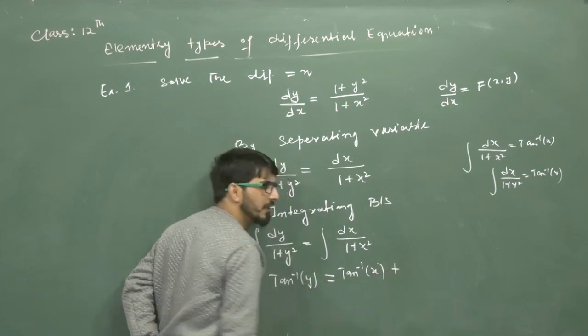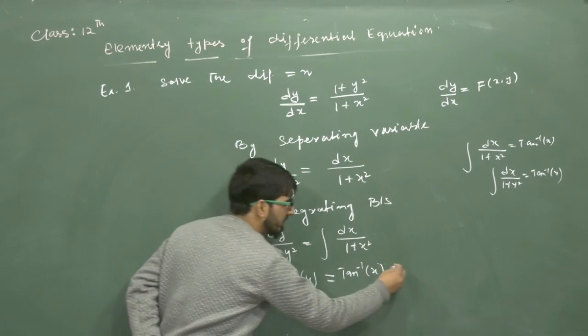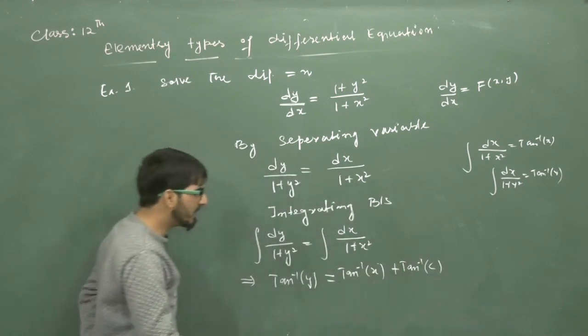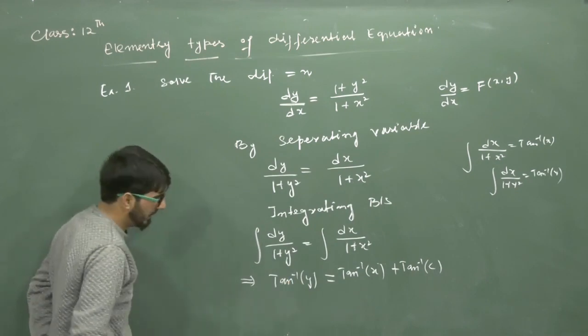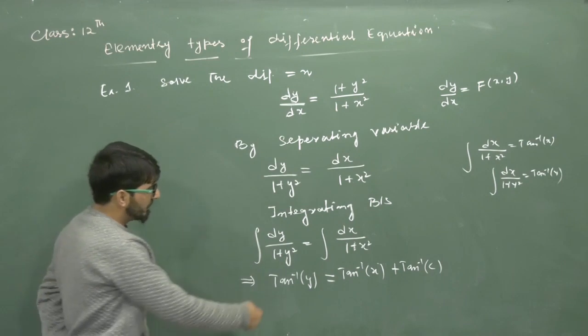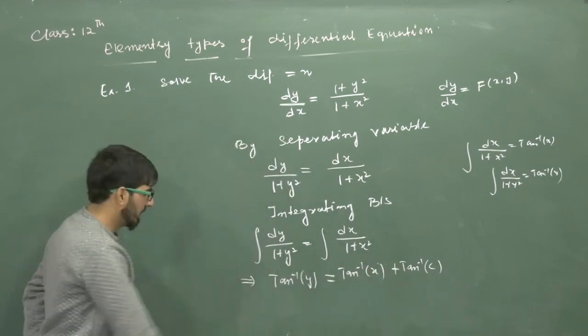Plus c, but it is better to take c as tan inverse of c, because the whole function here is in terms of tan inverse. Thus it is better to take an arbitrary constant tan inverse of c.